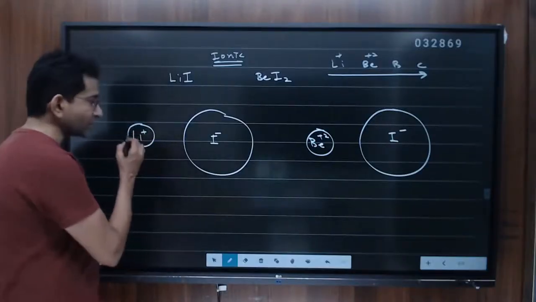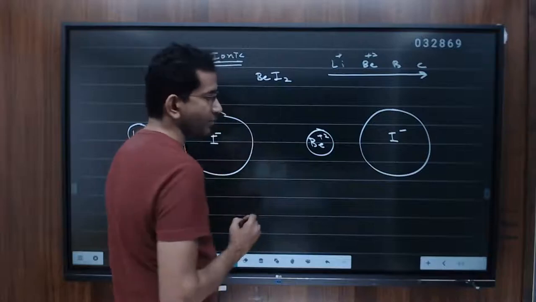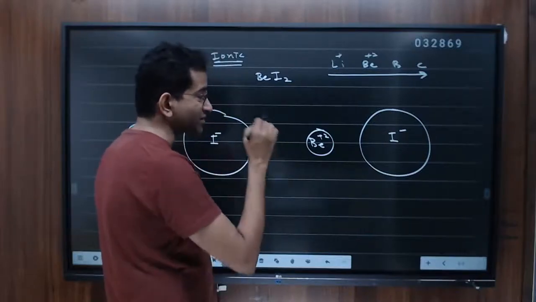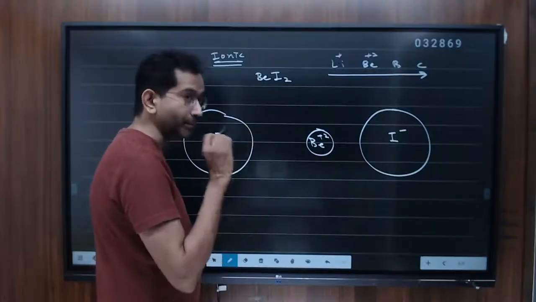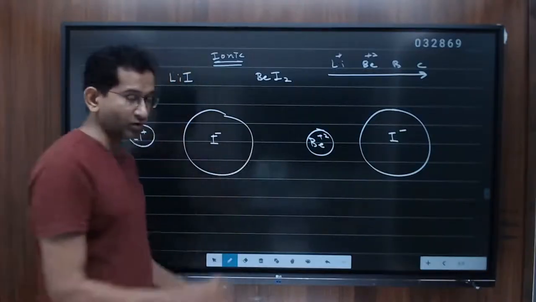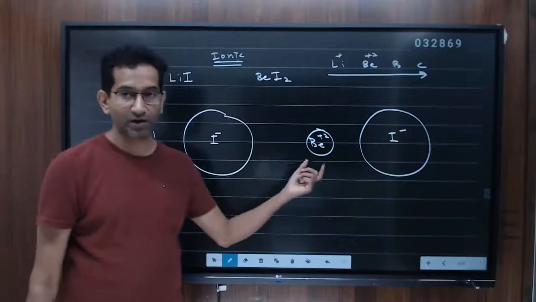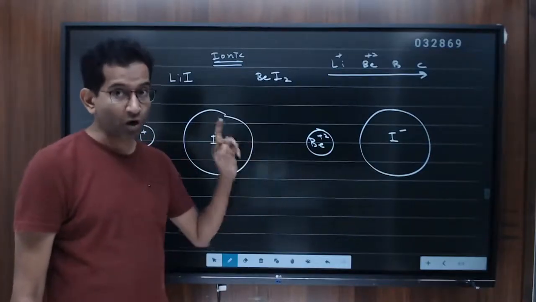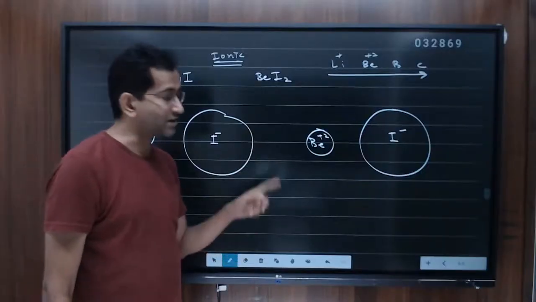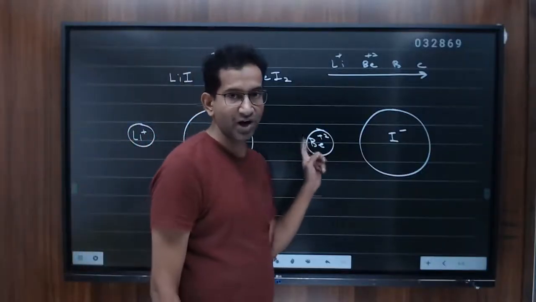So this is 1 unit positive, this is 2 units positive. Not only is beryllium smaller in size, but of course both are isoelectronic. This has 2 electrons, this also has 2 electrons. So this is going to have small size.